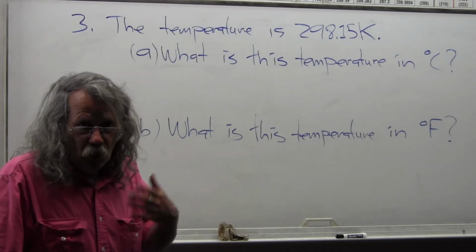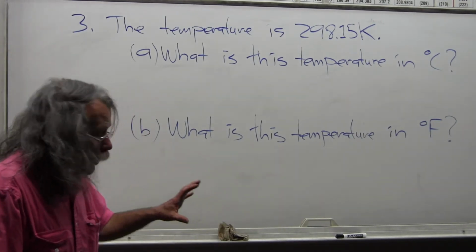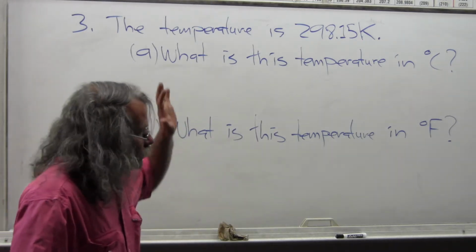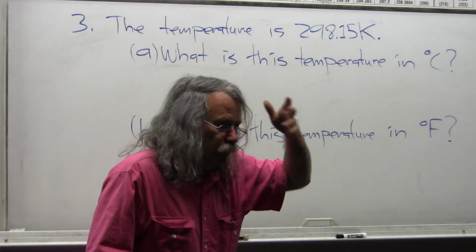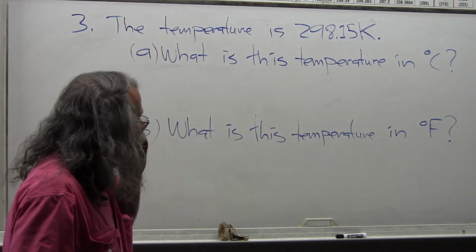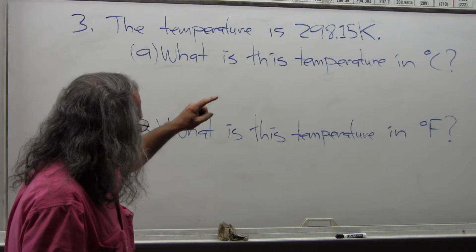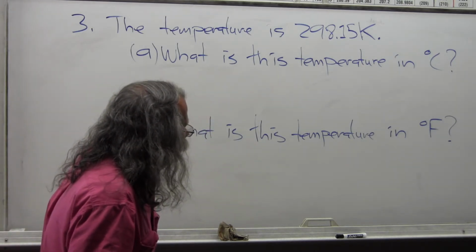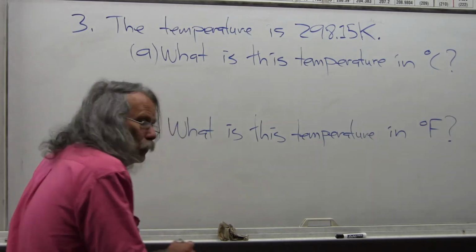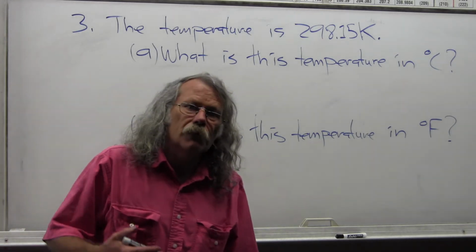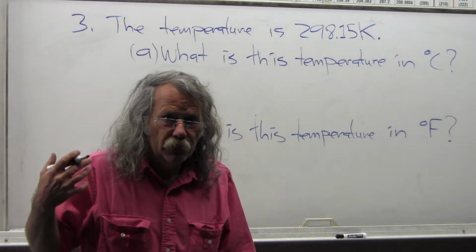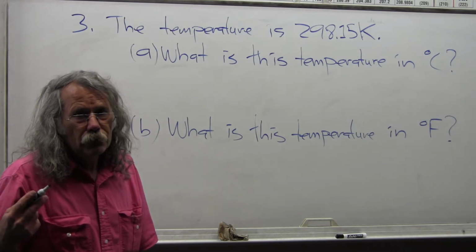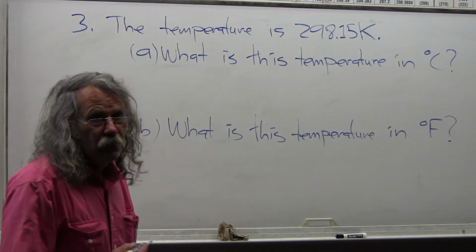And as always with the factor label method, you start with what you're given, what you know, on the left-hand side, and then proceed to go to the units that you want. And so the first thing we have to do, however, is take into account, I'm given a temperature of 298.15 Kelvin, but I have to adjust for the 0 in degrees Celsius, and that happens to occur at 273.15 Kelvin.